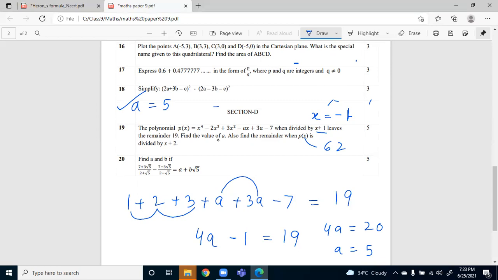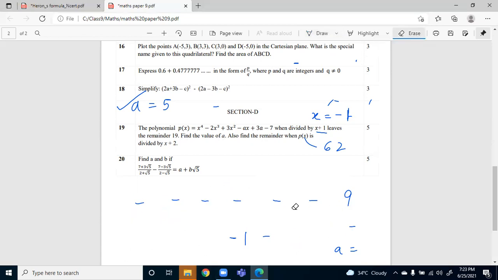Okay, now you need to find the remainder when the polynomial is divided by x plus 2. So in place of x, we will be substituting minus 2.